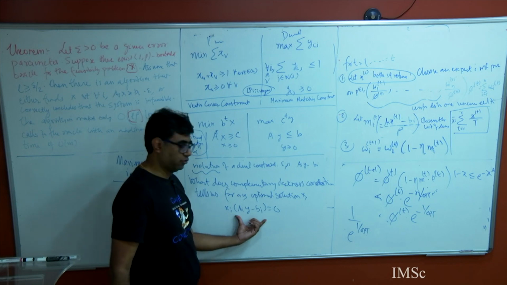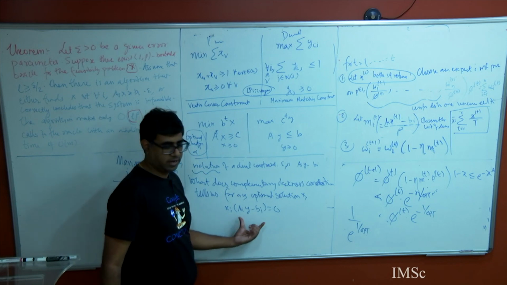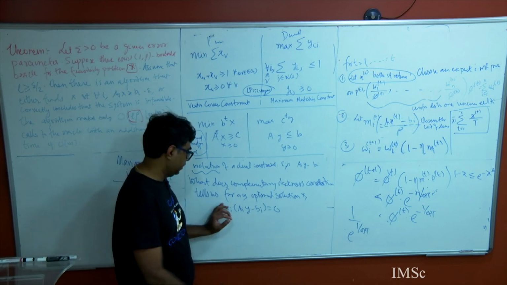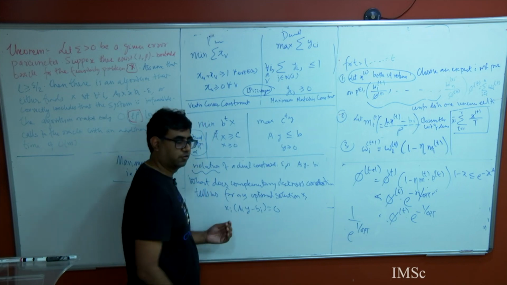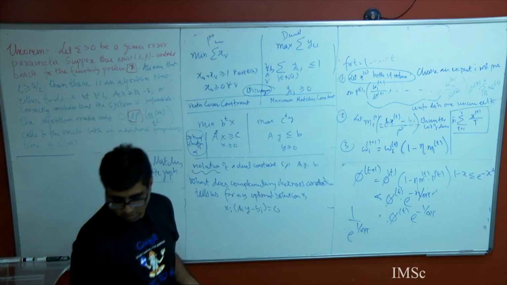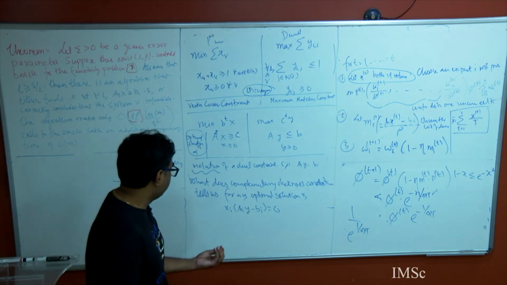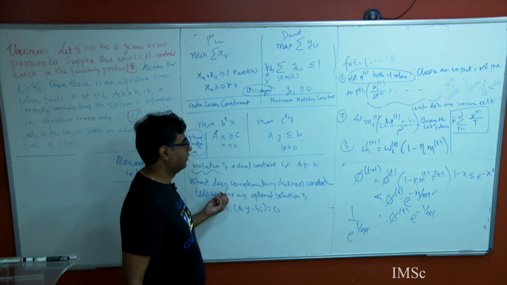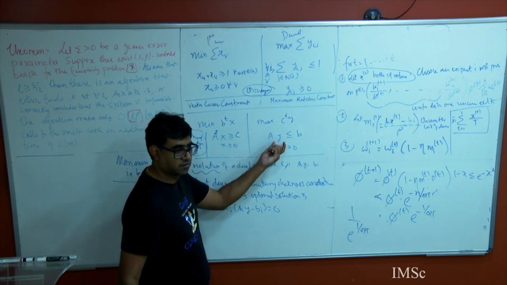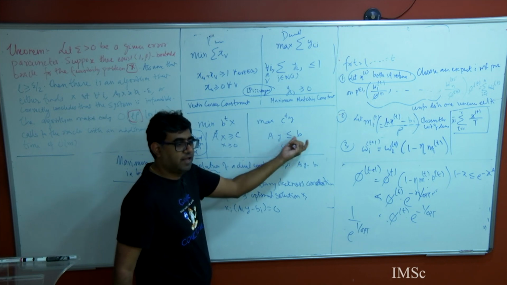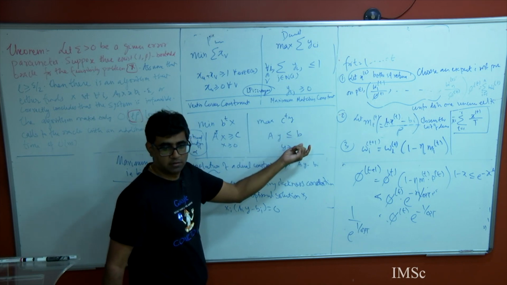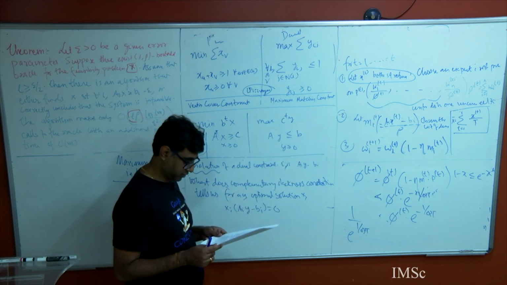If x_i equals 0, then this is 0. If x_i is greater than 0, then this has to be 0, right? So I have just taken them together. As she was saying, for any x_i which is non-negative here, you have to go and look at the corresponding constraint there, and that will be satisfied with equality. This is exactly what the complementary slackness condition tells us.